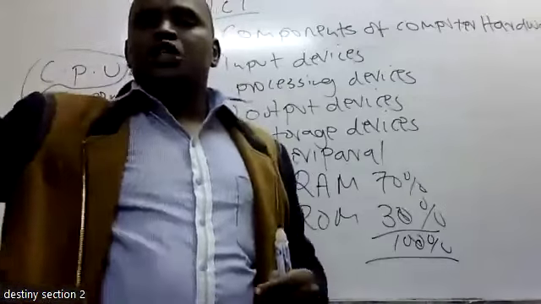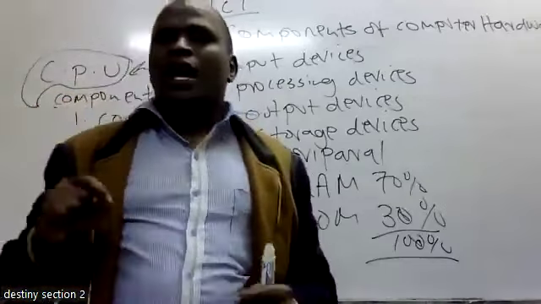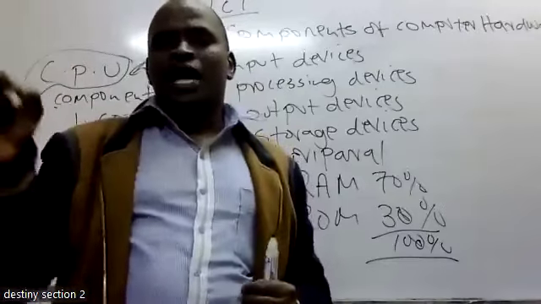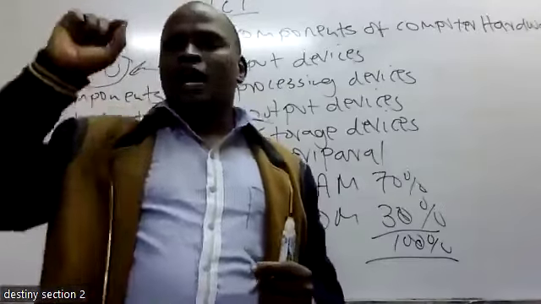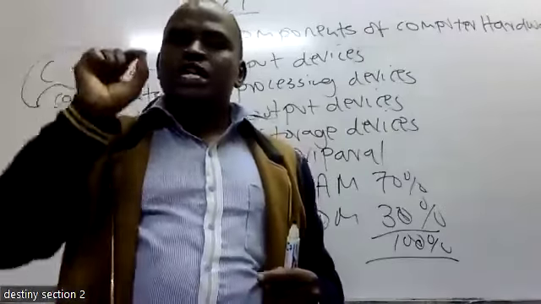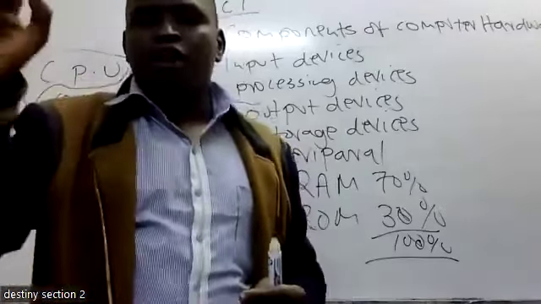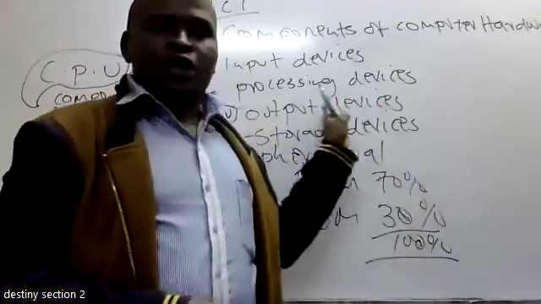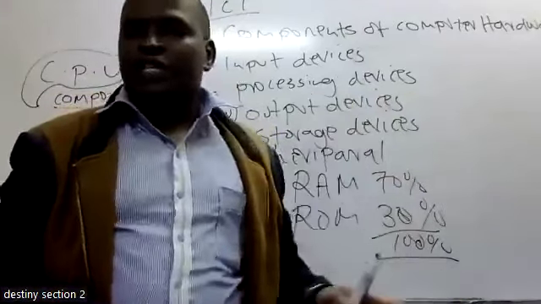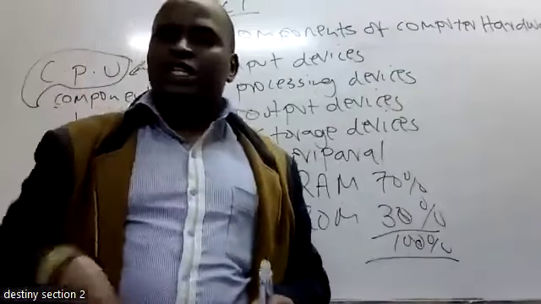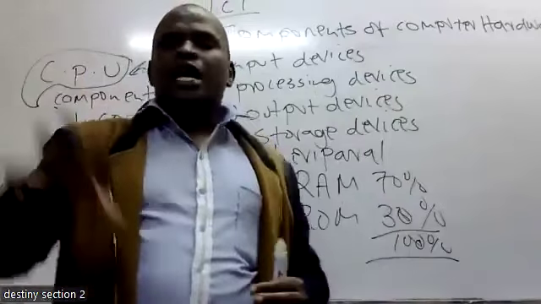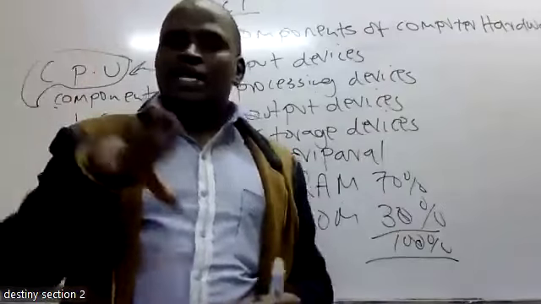So we need the secondary storage devices so that we can save our work for future retrieval or future reference. But with primary memory alone, I can open my machine and do designing.